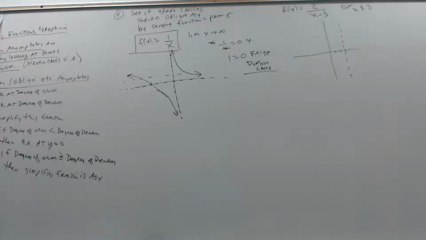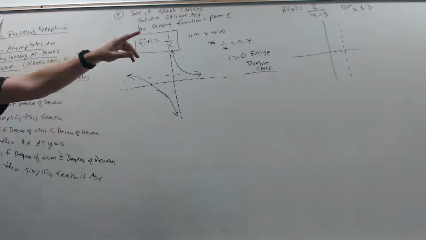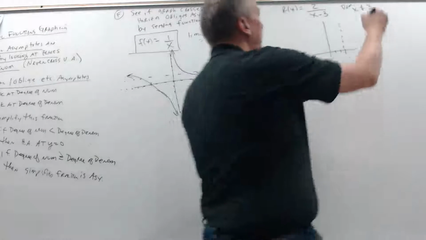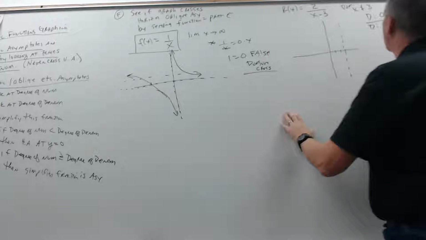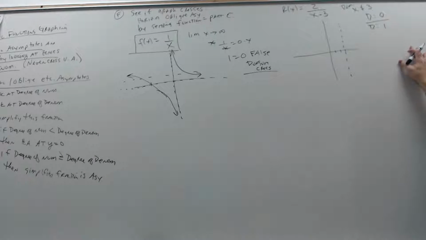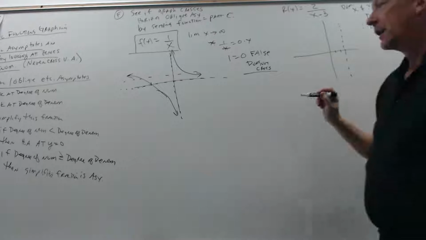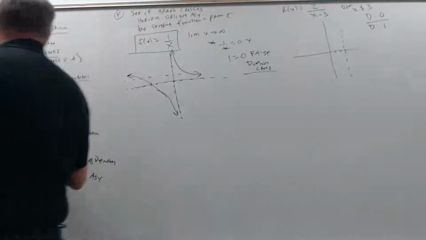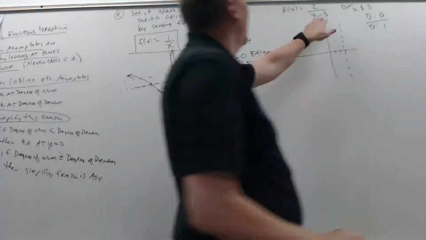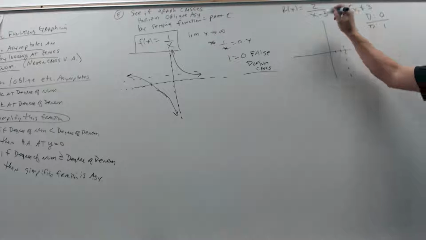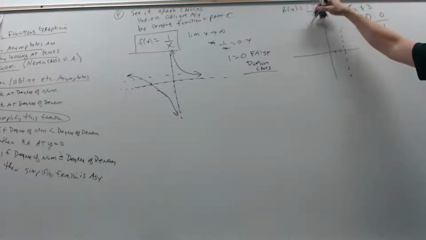Okay, so what's the degree of the numerator here? 0. The degree of the numerator is 0. The degree of the denominator is 1. Okay. Now, another way to think about that is to simplify this fraction. Okay. So I'm going to ignore this minus 3 for a minute because it doesn't matter. I'm only looking at the leading terms here.